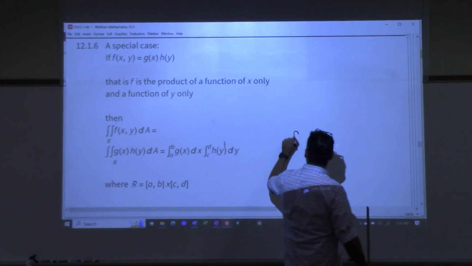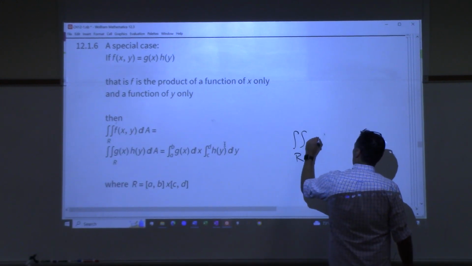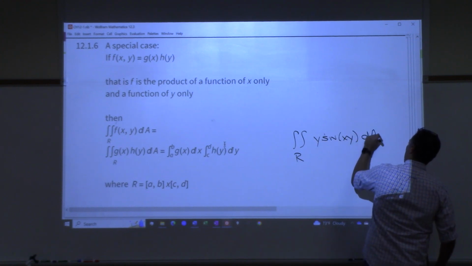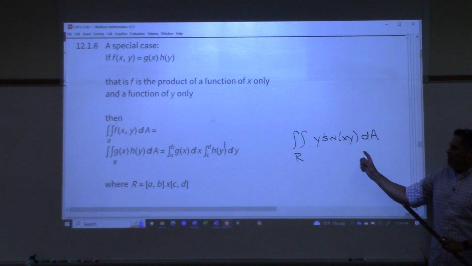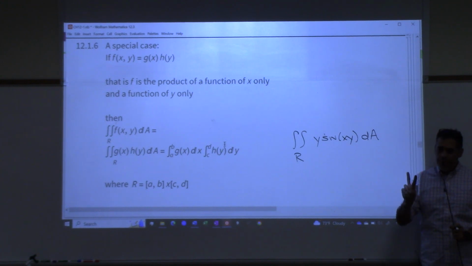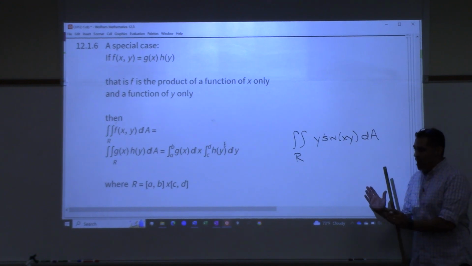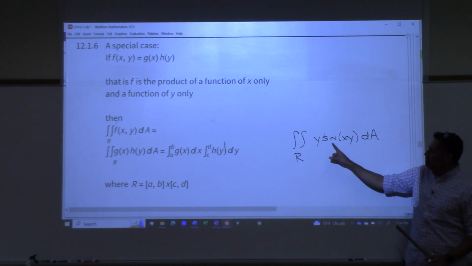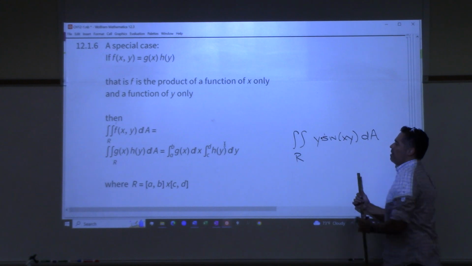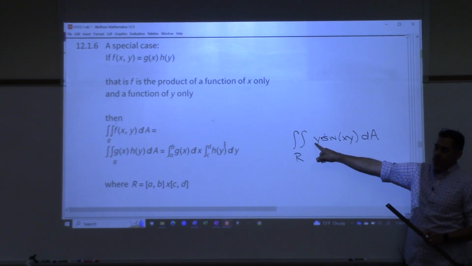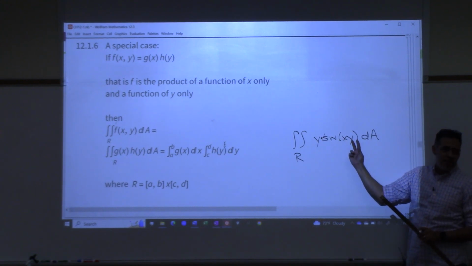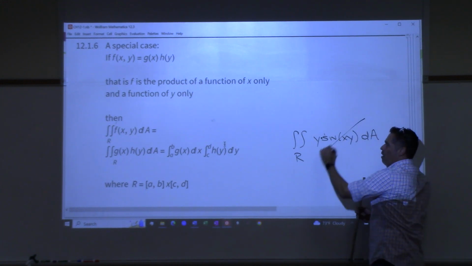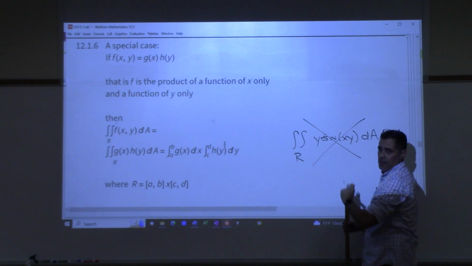Looking at the problem we just did, can you look at this as a product of two functions, one that only has y's and one that only has x's? No, right? Because there's your product. That one has just y's in it, but this one has x's and y's, and there's no way to split that up and separate them. So this would not qualify for this theorem.